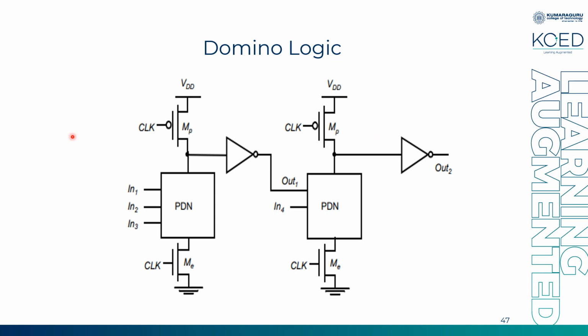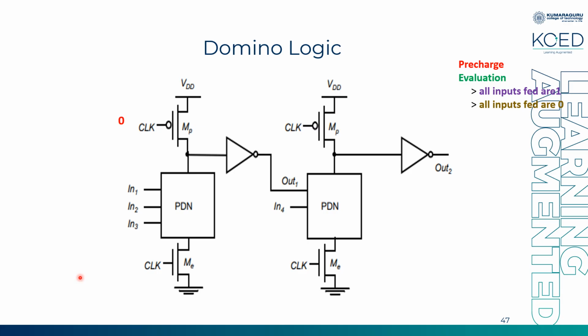So this is your domino logic when you have two stages being cascaded. Let us analyze how it is working. We have two phases, pre-charge and evaluation. Pre-charge la output node வந்து it will be charging to VDD. Evaluation la you will have forcing of inputs to the pull down network, and the ME transistor, evaluation transistor, will be in on condition.